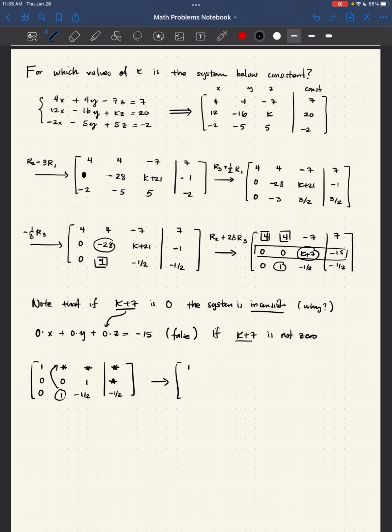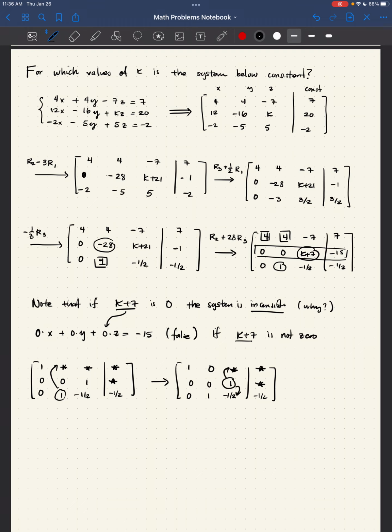1, 0, then something else here, who knows what that's going to be, something else here, who knows what that's going to be, 0, 0, 1, and then who knows what is here. And then we have 0, 1, negative 1/2, negative 1/2. But at this point, I may use this as a pivot to eliminate these two.